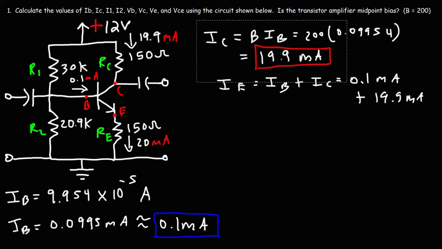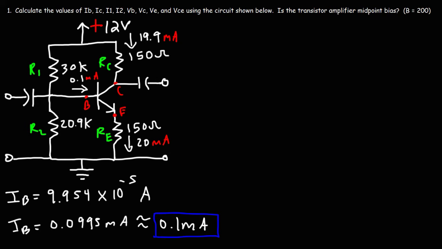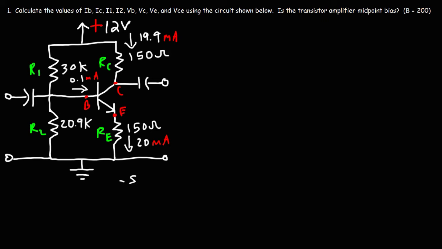Now let's clear away a few things just to have some extra space to write stuff. So now that we know the emitter current, we can calculate VE. VE, the potential at point E, is basically the voltage drop across RE. So it's going to be IE times RE.